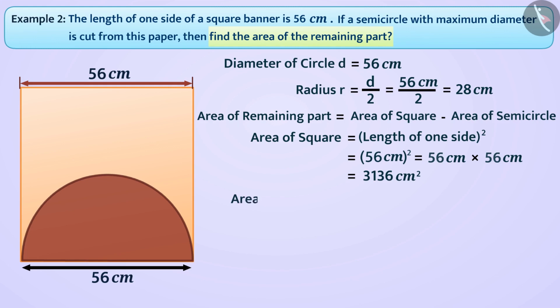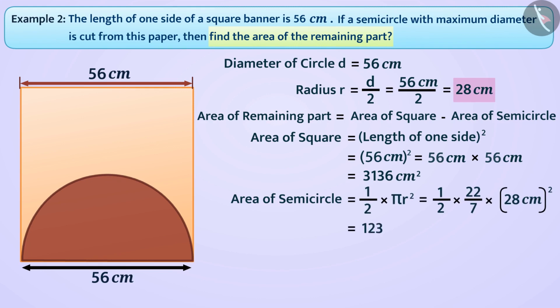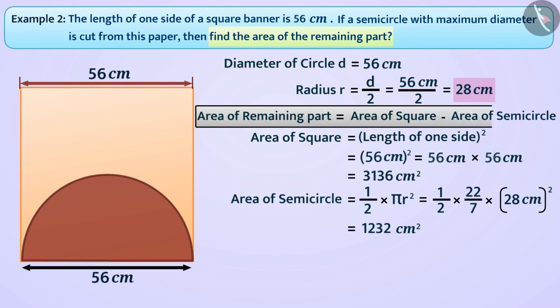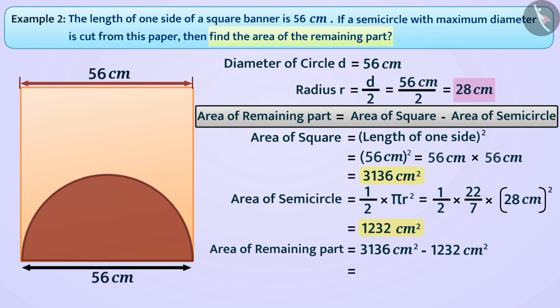Similarly, we get the area of the semicircle with a radius of 28 centimeter as 1232 square centimeter. By cutting the semicircle in this way, the area of the remaining part of the square will be area of square minus area of semicircle, which is equal to 3136 square centimeter minus 1232 square centimeter, which is equal to 1904 square centimeter.